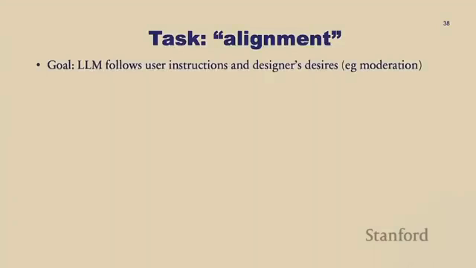This is not what you want from an AI assistant. So how do we do this alignment, which is this post-training and making these models assistants? The goal of this alignment is to basically get LLMs to follow the instructions that are given by users, and maybe some designers' desires. So think about moderation. You don't want the model, like OpenAI definitely doesn't want their model, to say stuff that is very toxic.